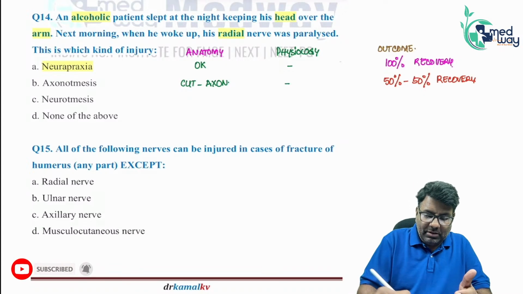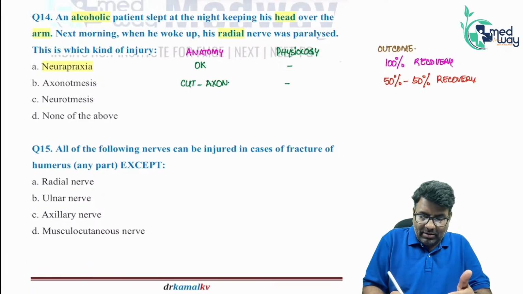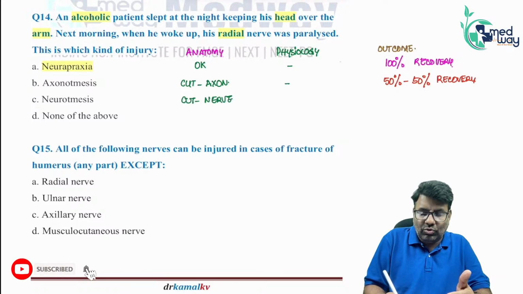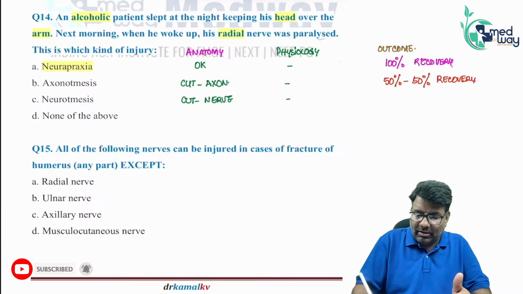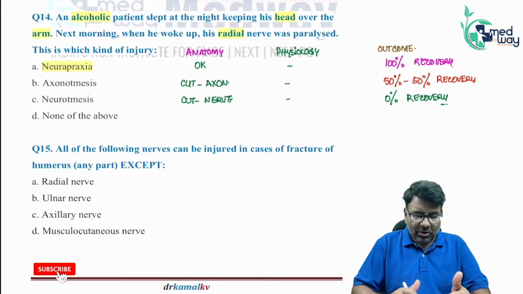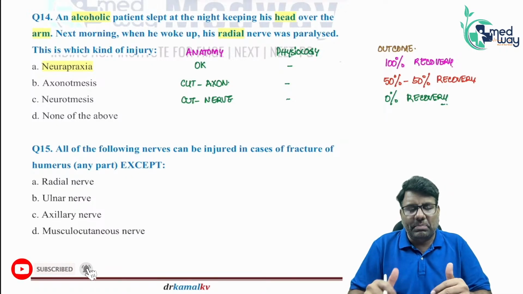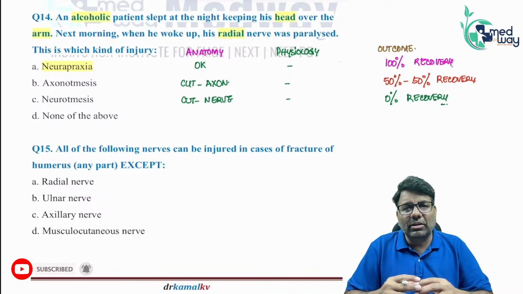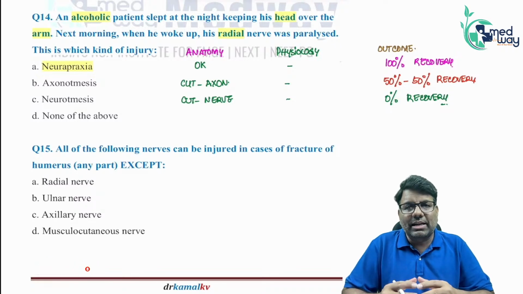And the worst type is neurotmesis, where the entire nerve is cut into two halves. So here the chances of recovery are almost 0%. So these are the different types of injury patterns depending on the structural damage to the nerve.